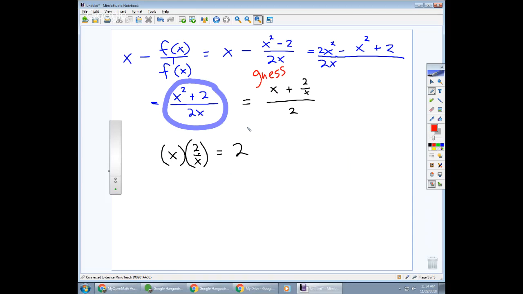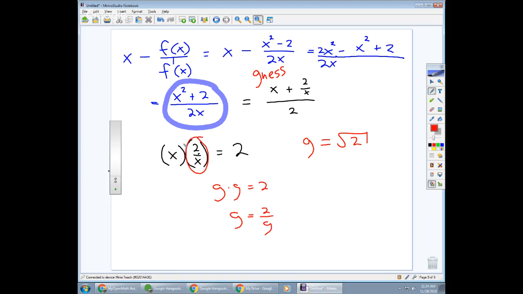So this Newton's method, what it's saying geometrically, it's saying make a guess at the square root of 2. So I'm saying g equals the square root of 2. Now, if I was right, wouldn't g times g equal 2? So if g times g equals 2, then g must be equal to 2 over g.